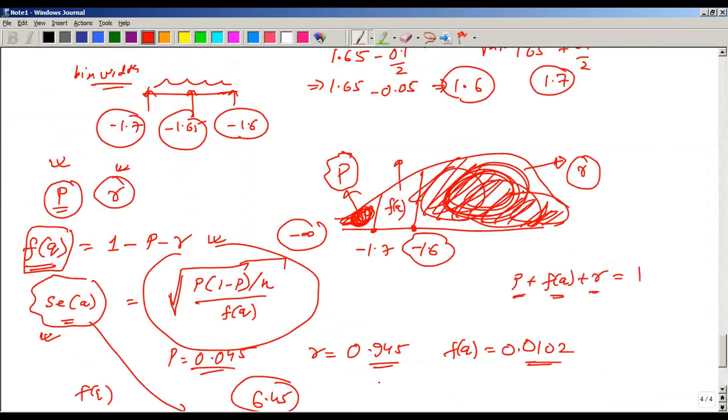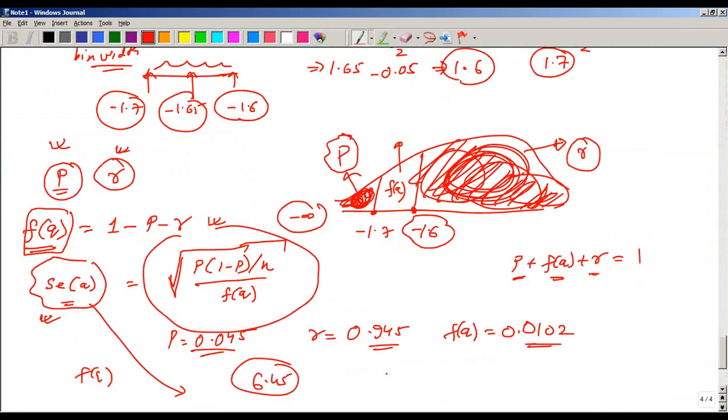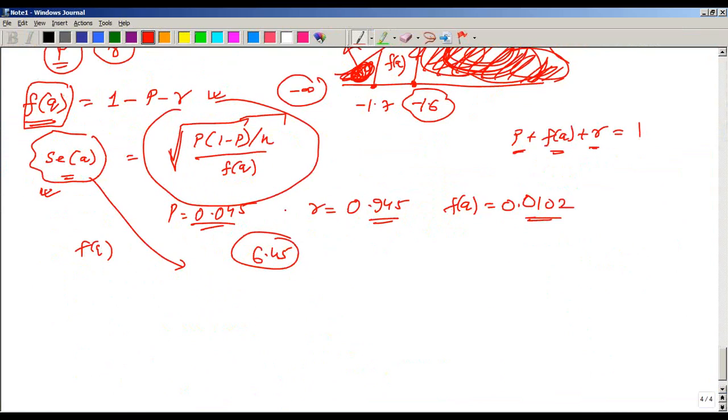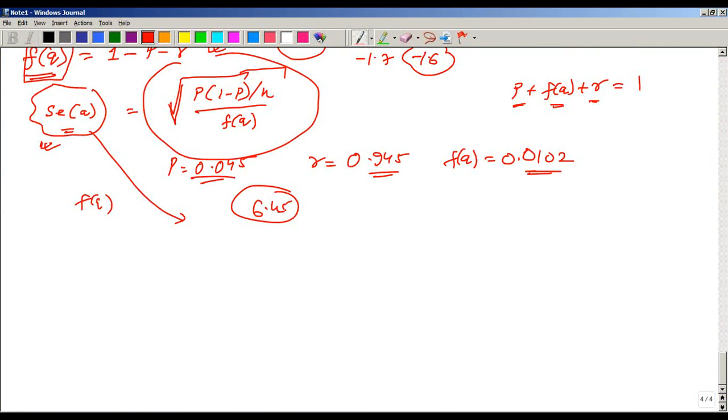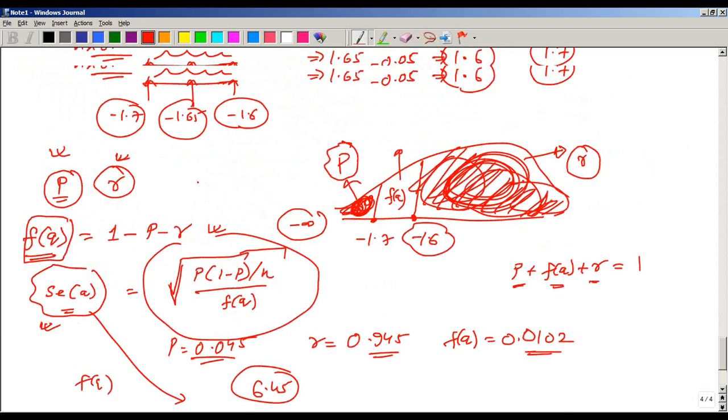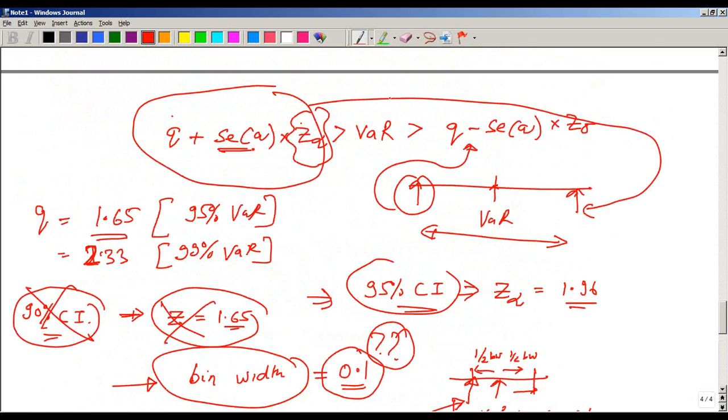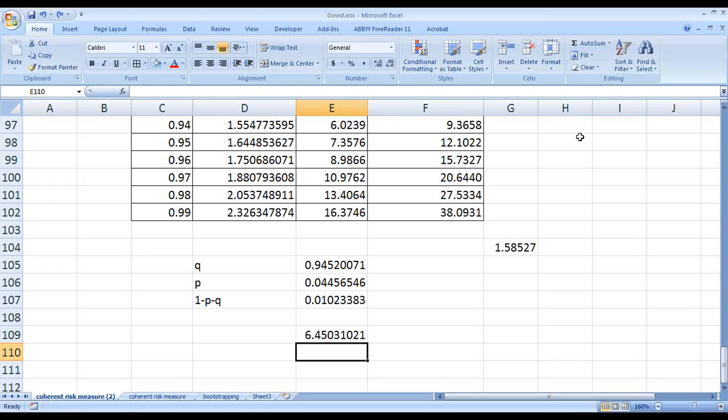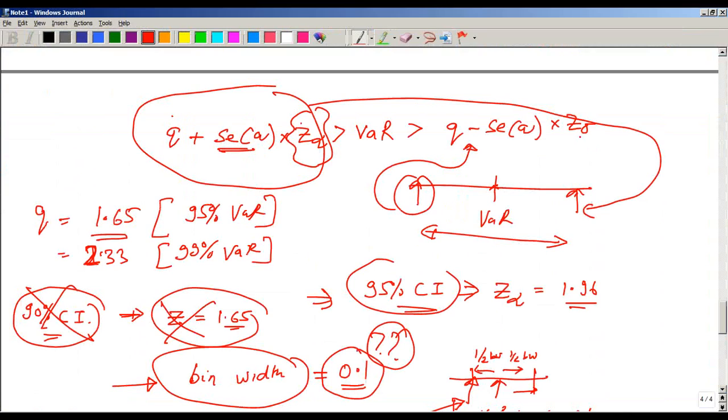So what we are saying is your confidence interval. How will you compute your confidence interval? Your standard error is known. We'll go back to this and say Q minus SE into Z alpha. What will be the value of Z? We know it's 1.96.